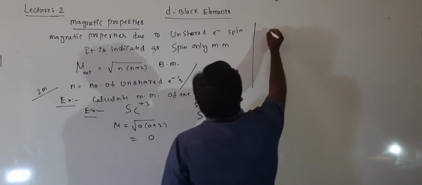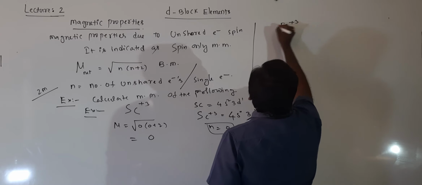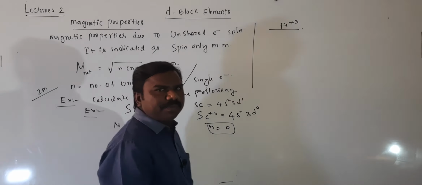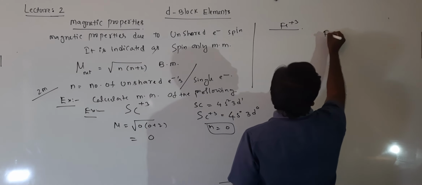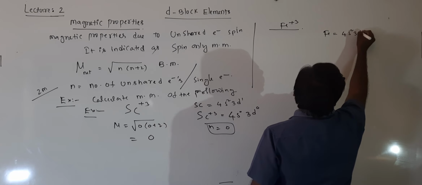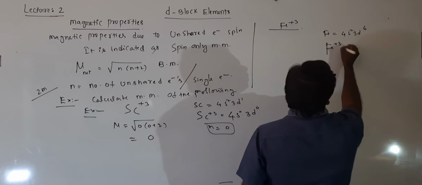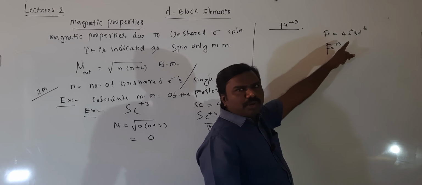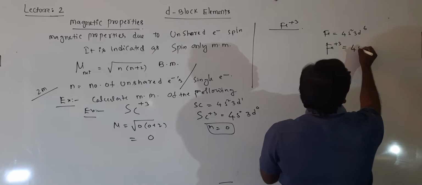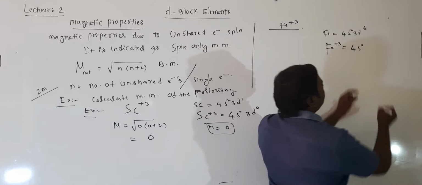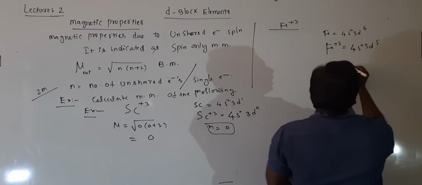Next one, the net magnetic moment of Fe plus 3. For iron, the configuration is 4s2 3d6. Fe plus 3 means we need to remove 3 electrons: 2 from s, so 4s0, and 1 from d, so 3d5.